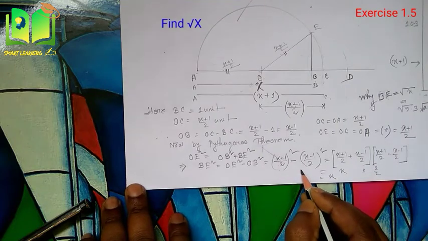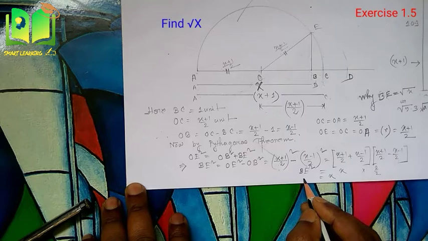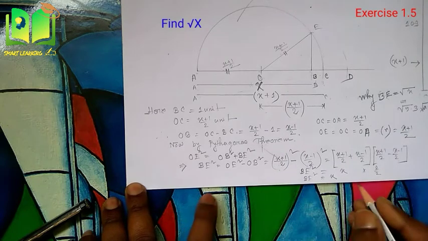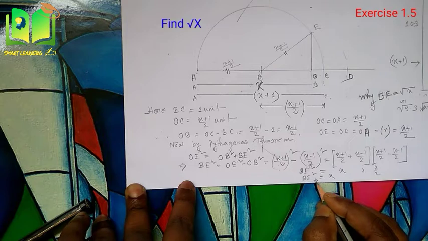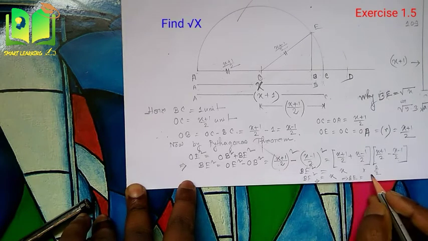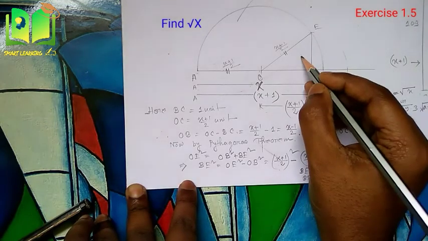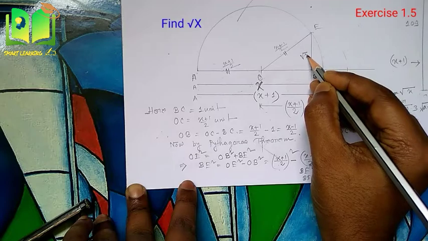Therefore BE square equals x. So here you can write BE equals root over x unit. That's why the value of this one is root over x.